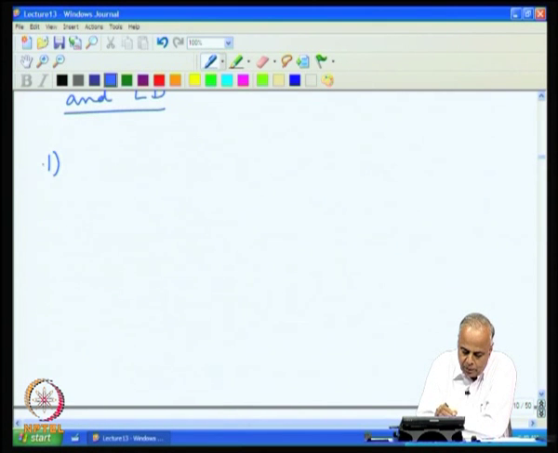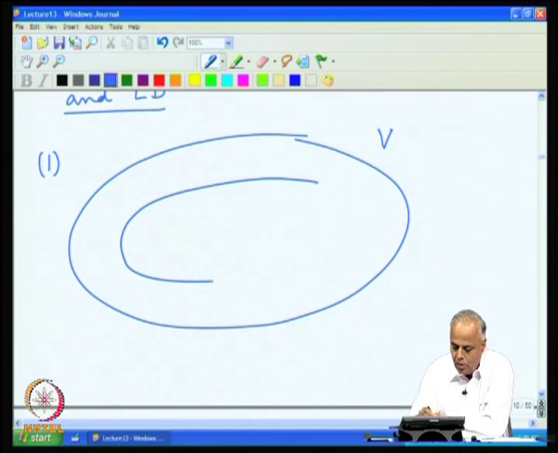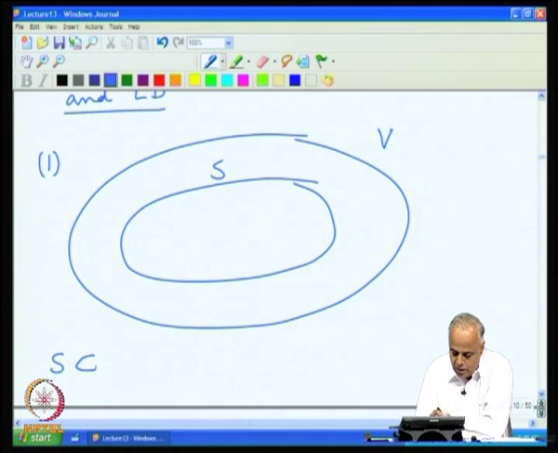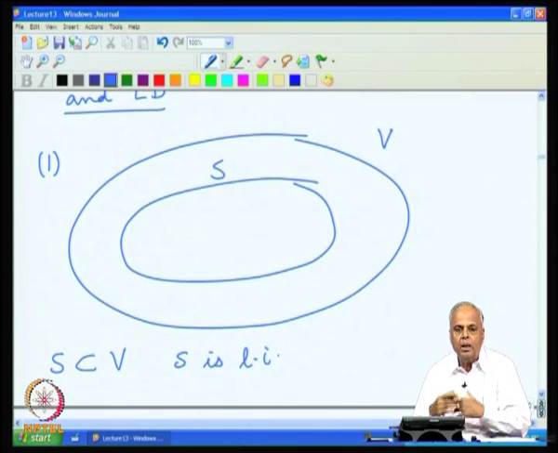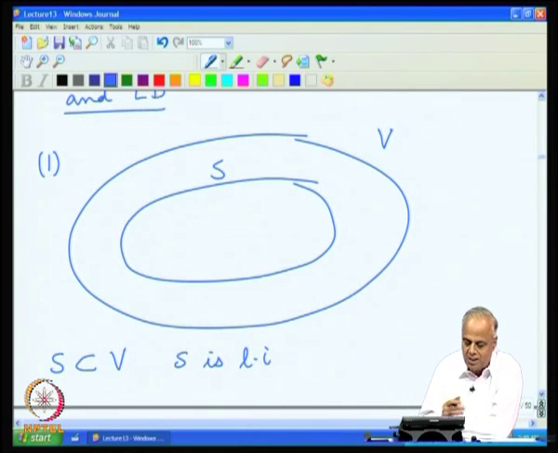The first property. So, we have a vector space V. Suppose S is contained in V and S is linearly independent. Again we repeat that in the background we always have a vector space V over F, that is our universe where all these discussions take place.